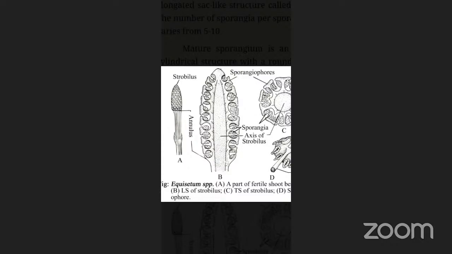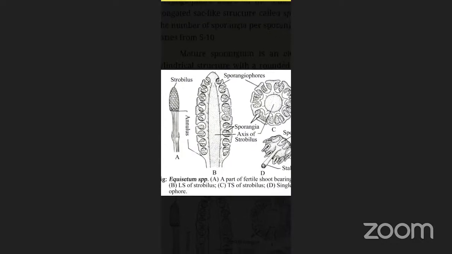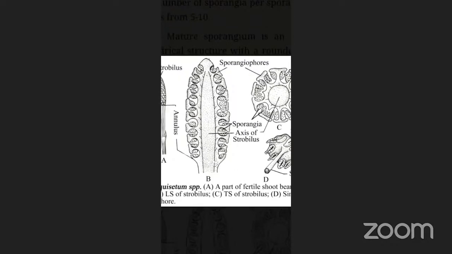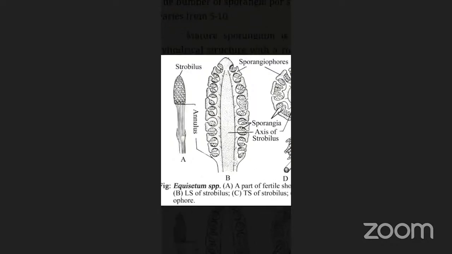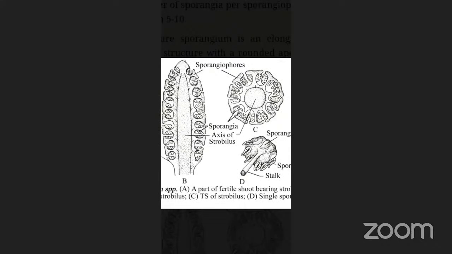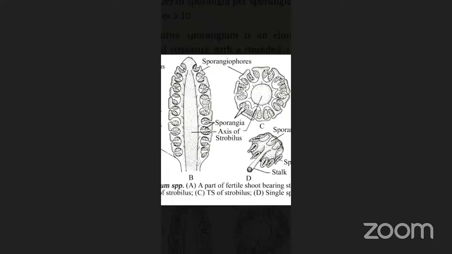External morphology and stem anatomy, the transverse section of the stem, and another one is the strobilus, asexual reproduction, the strobilus structure. This is also very important. Specimens and slides are also there. In theory, the strobilus, the cone, is also coming. Describe the cone. They are asking this question. Okay, clear?